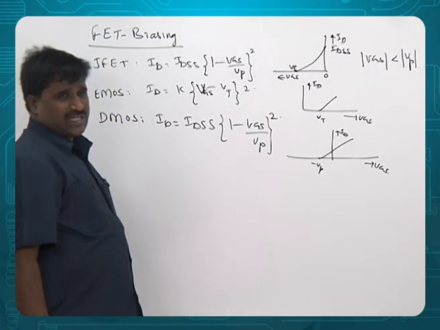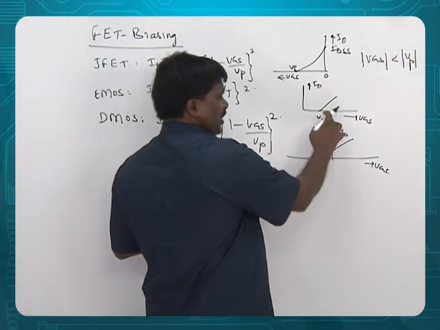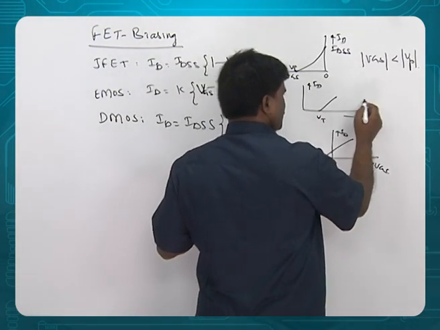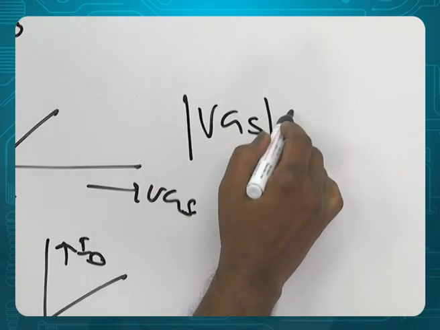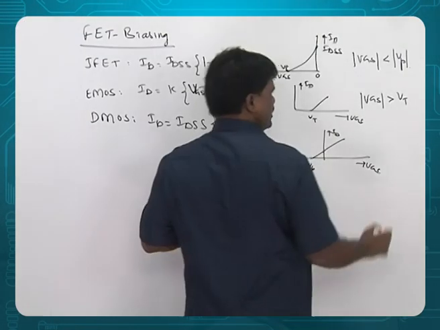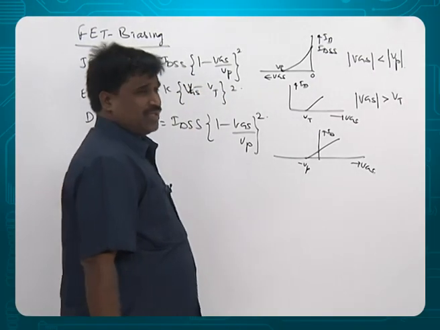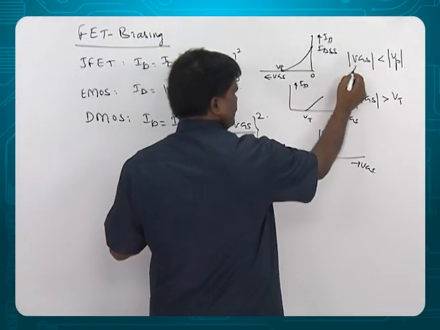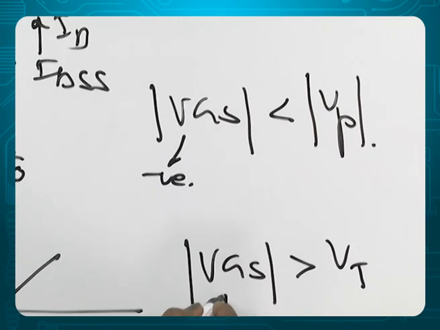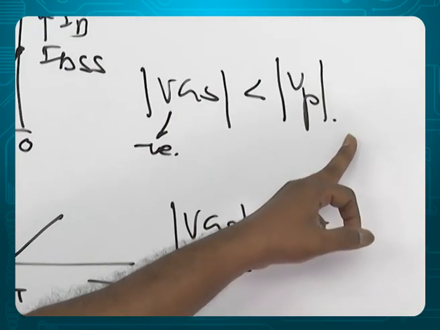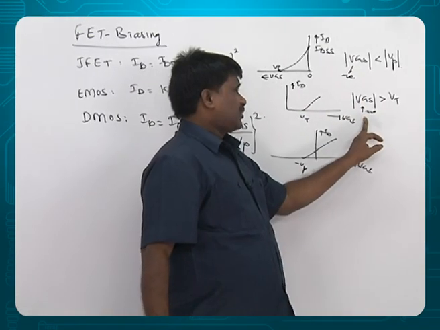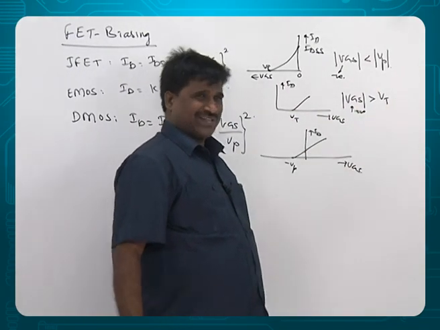Similarly, in enhancement MOSFET, VT should be positive, VGS should be positive. If both are positive, you must take VGS greater than VT. So here VGS is negative, here VGS is positive. If both are negative, take whichever is lesser. If both are positive, take whichever is greater.